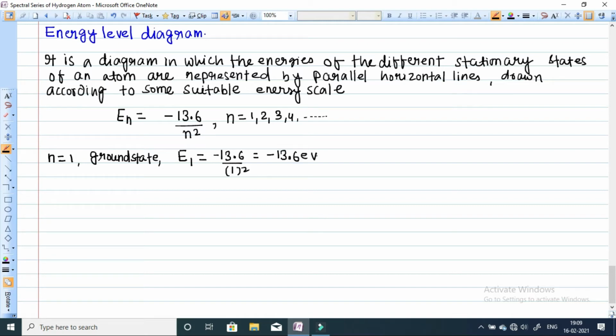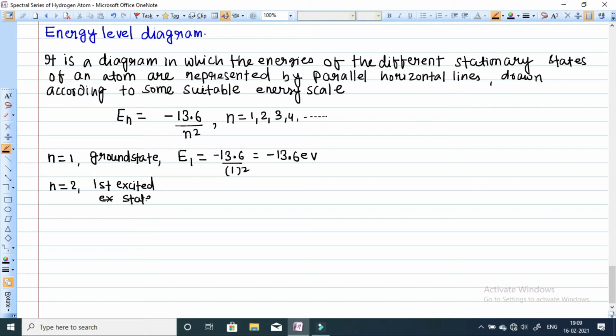which equals minus 13.6 electron volt. Similarly, n equals 2 gives the excited state. Suppose the electron is in the second stationary state, then this state is your first excited state.